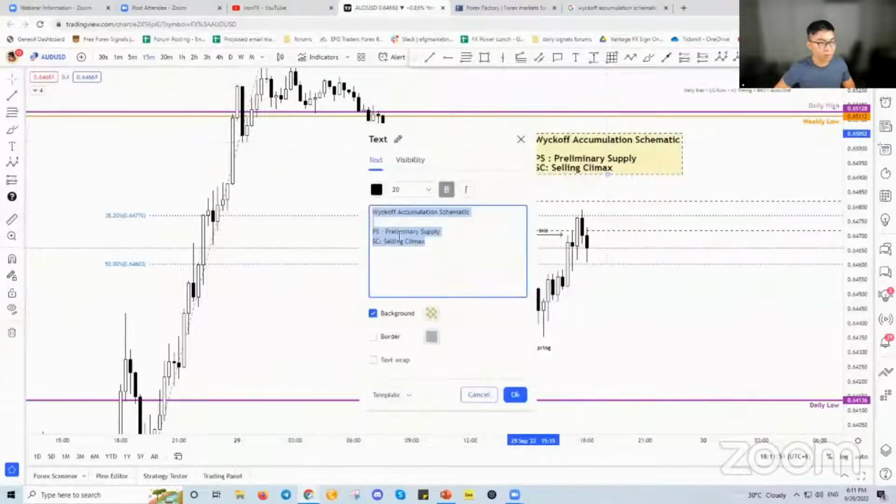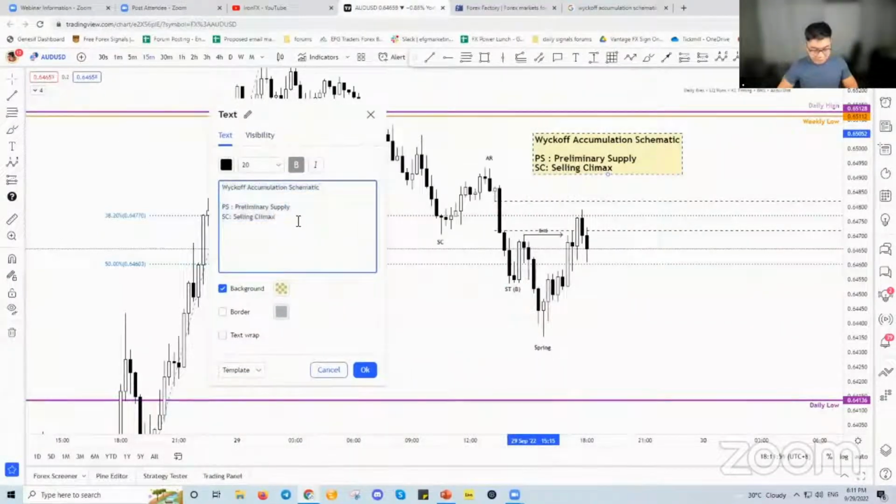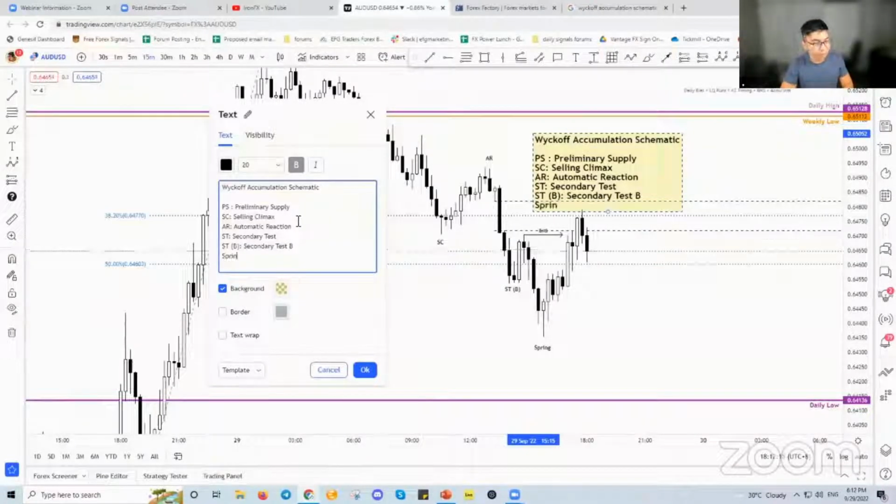Okay, let me repeat here. After SC, we have AR, which is automatic reaction. After automatic reaction, we have the secondary test. After secondary test, we have the STB. Type it out fast. Secondary test B. After STB, we have spring.